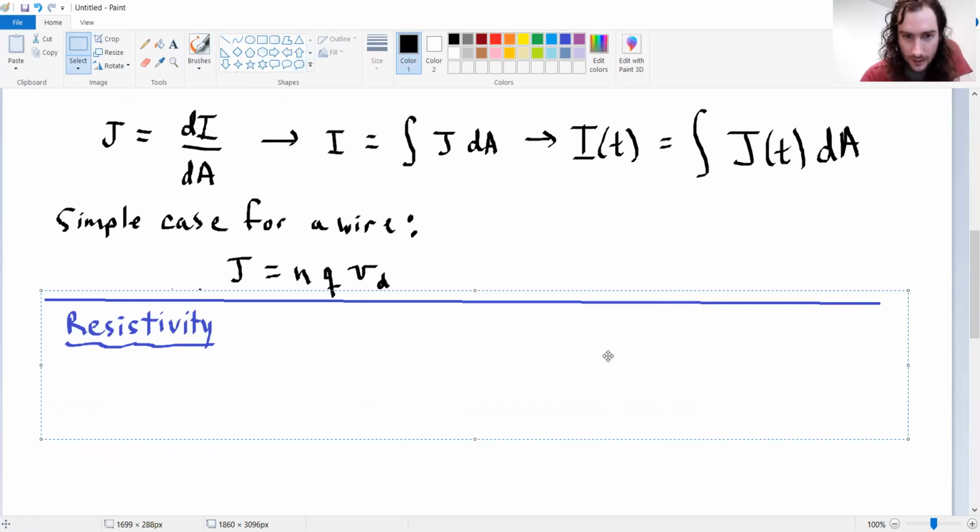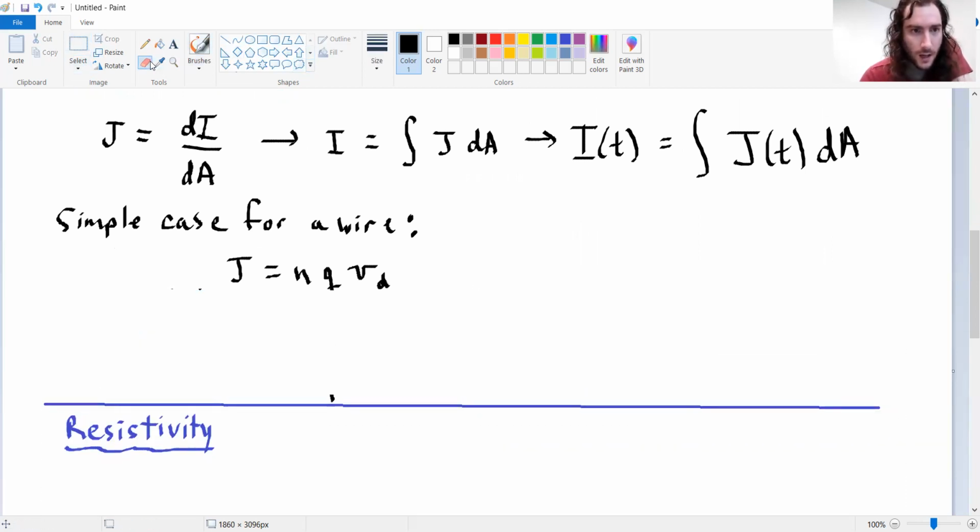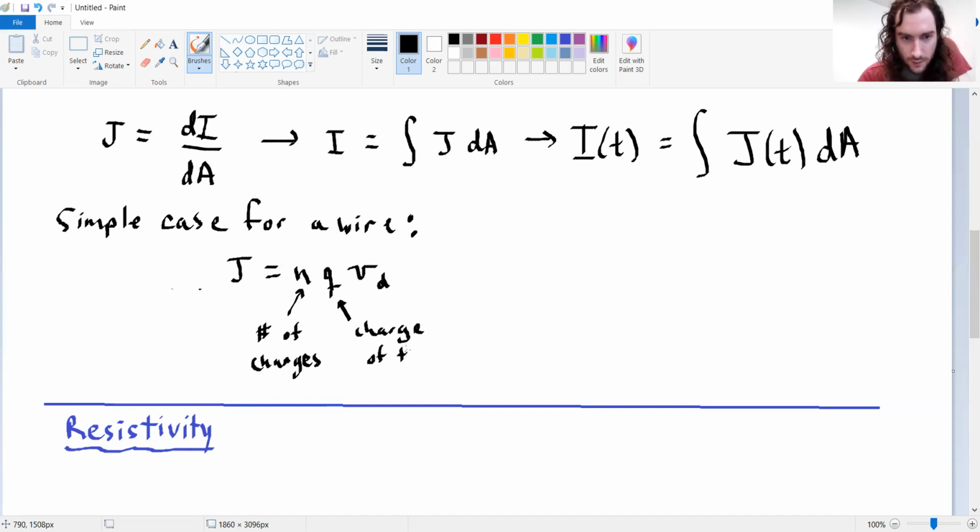We can look at current density as almost like counting the number of charges and multiplying by the actual charge of each of those charges. So N is literally a number of charges, and then Q is the charge of each of those charges.